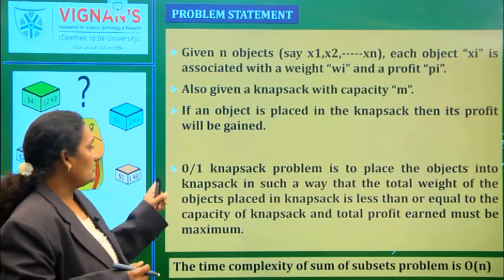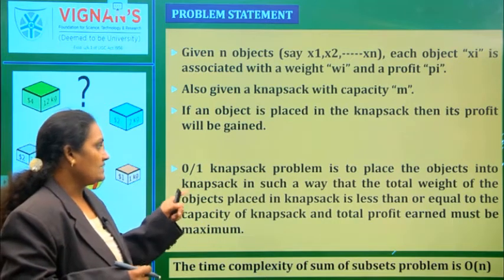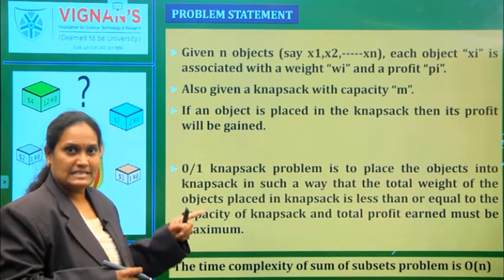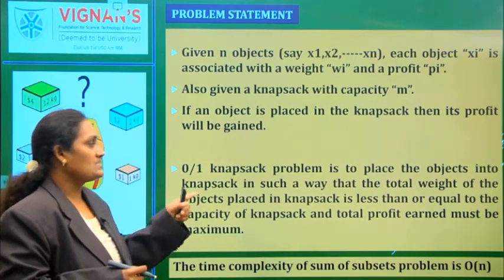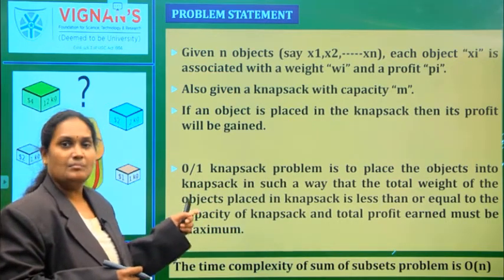The 0/1 knapsack problem is to place objects into the knapsack in such a way that the total weight of the objects placed must be less than or equal to the capacity of the knapsack, and the total profit earned must be maximum.